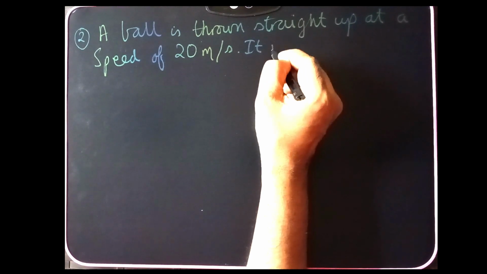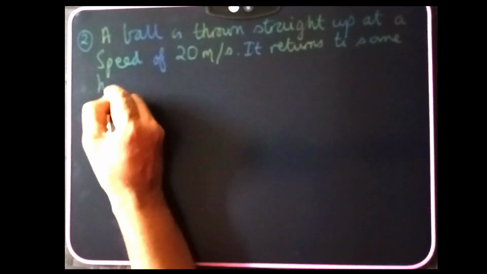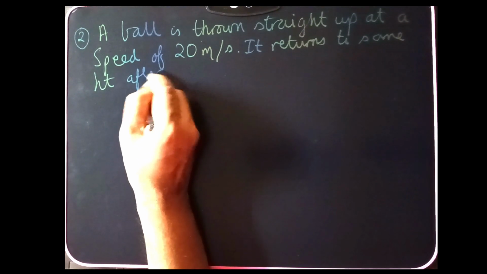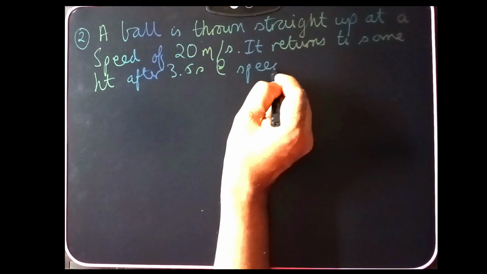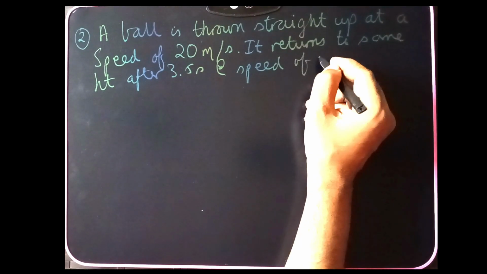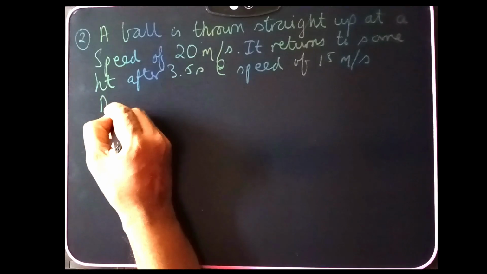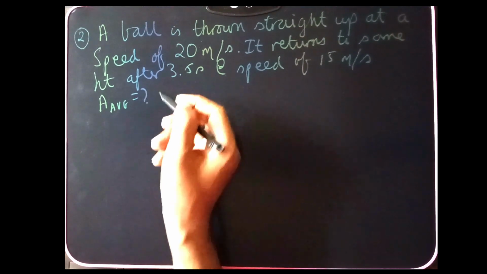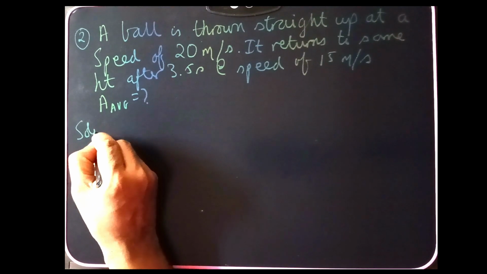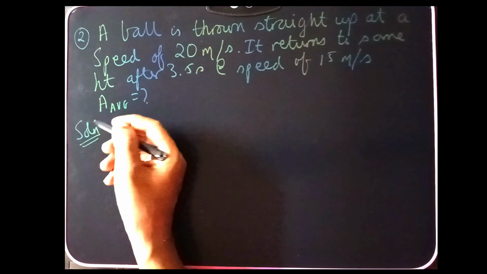It returns to the same height after 3.5 seconds at a speed of 15 meter per second. You have to find the average acceleration of the ball. So try to solve it yourself first. I'm going to solve it anyway.